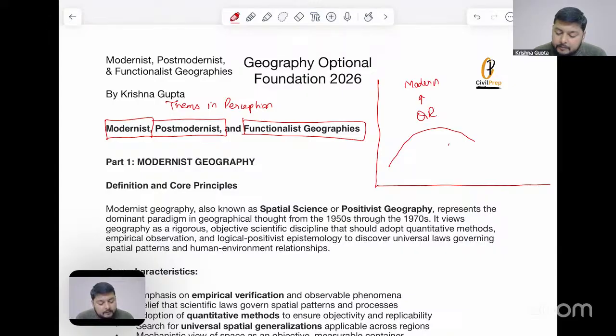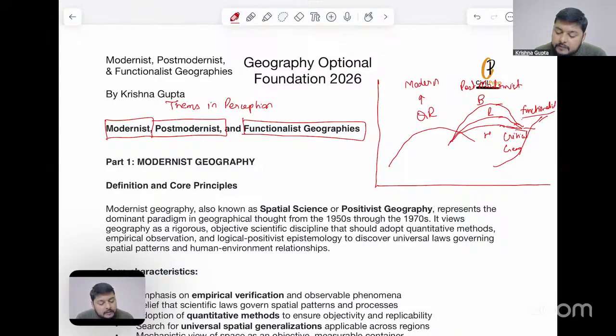When there was development of humanist, radical, and behavioral geography, this was seen as postmodernist. Under the postmodernist, all of this behavioral, radical, and humanist were merged into critical geography, and there was the rise of the functionalist.